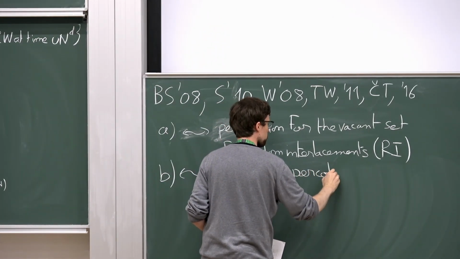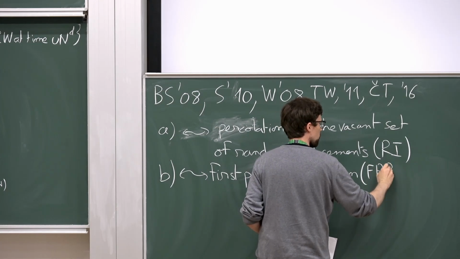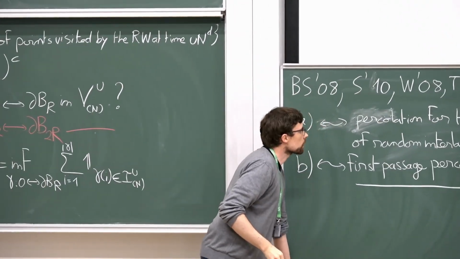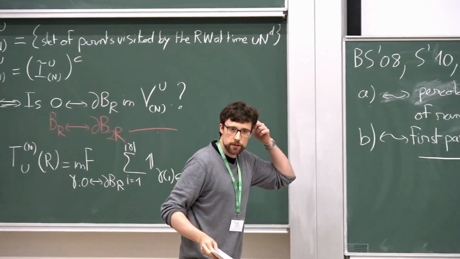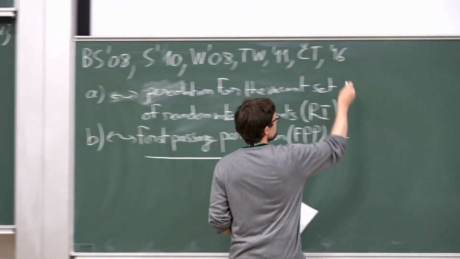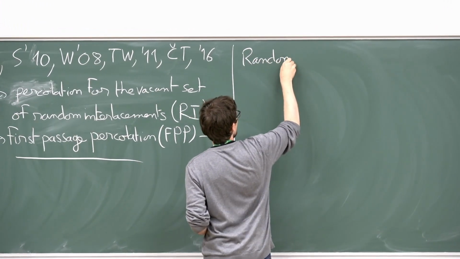So FPP. Also for the vacant set of random interlacements. Okay, so of course here I'm just saying this is the same, but I'm not saying what random interlacement is. So what is random interlacement? Let me do a short introduction to the model.